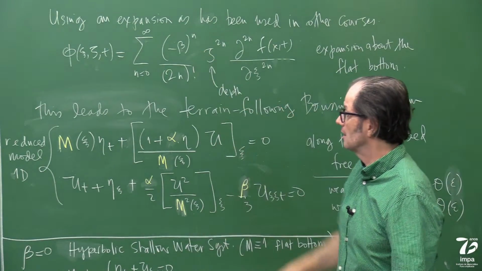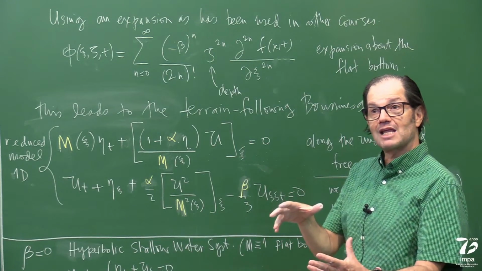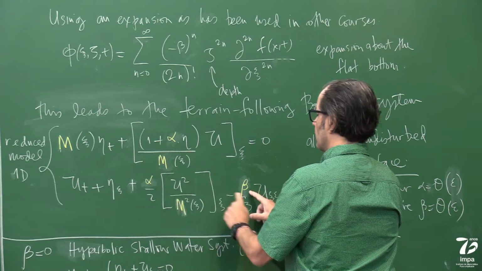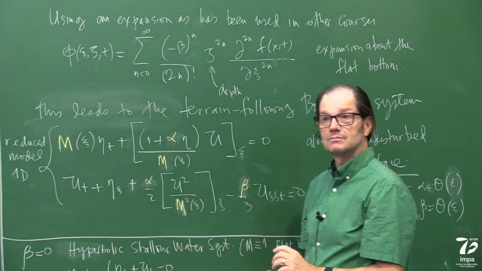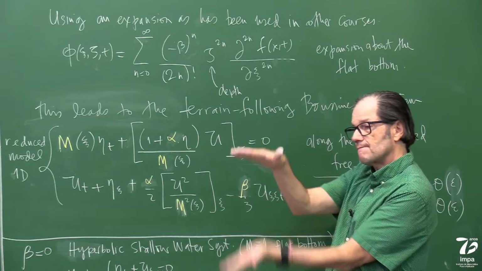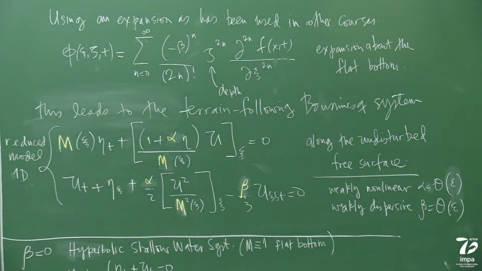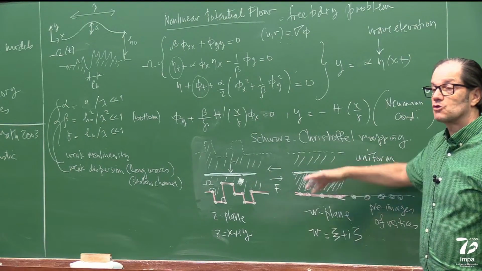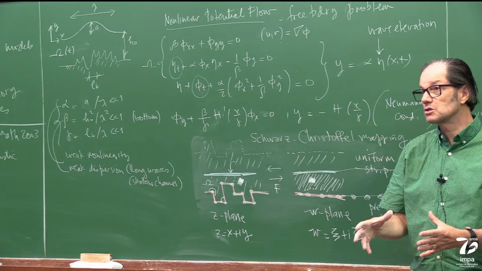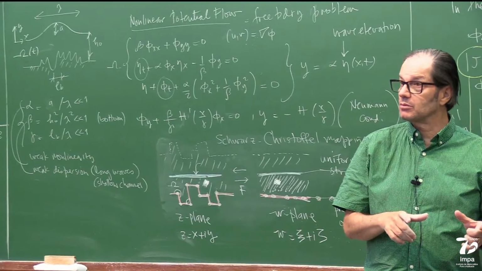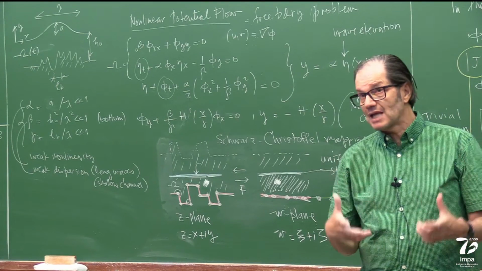Then the vertical structure of the dynamics as a first order approximation comes from here: first order in alpha, first order in beta. That's how I collapse and approximate my dynamics only on the free surface, only over the blue line. So I have mathematically reduced my 2D problem to a 1D problem.